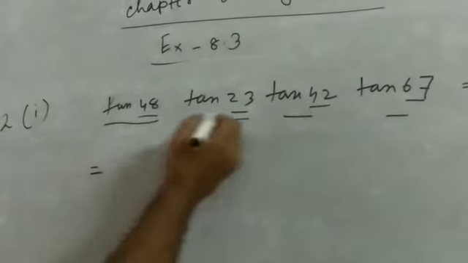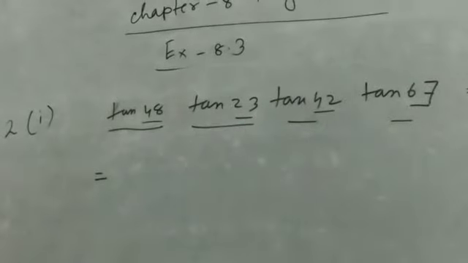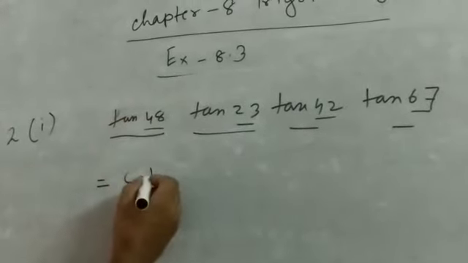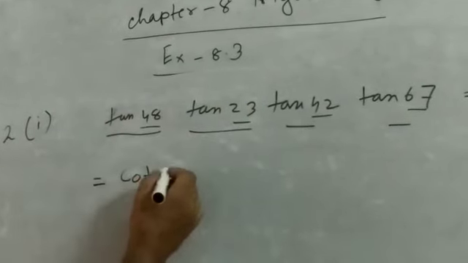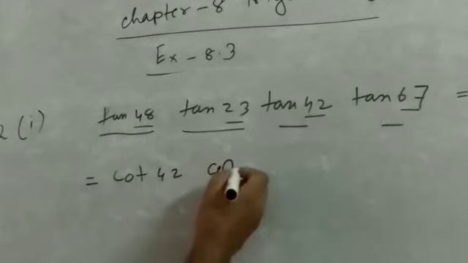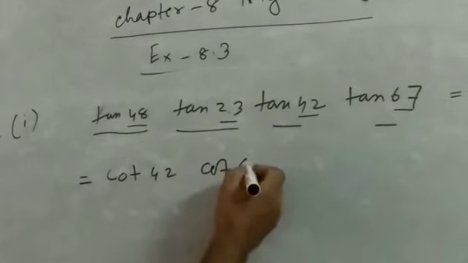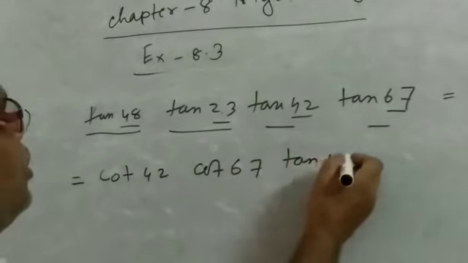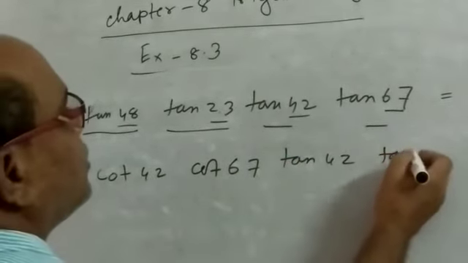So here 4 terms are there and we will change 2 terms. Let us change the first term. The complement of tan is cot, and the complement of 48 is 42. Second term, the complement of tan is cot, and the complement of 23 is 67. So these 2 terms will not be changed, tan 42 and tan 67.